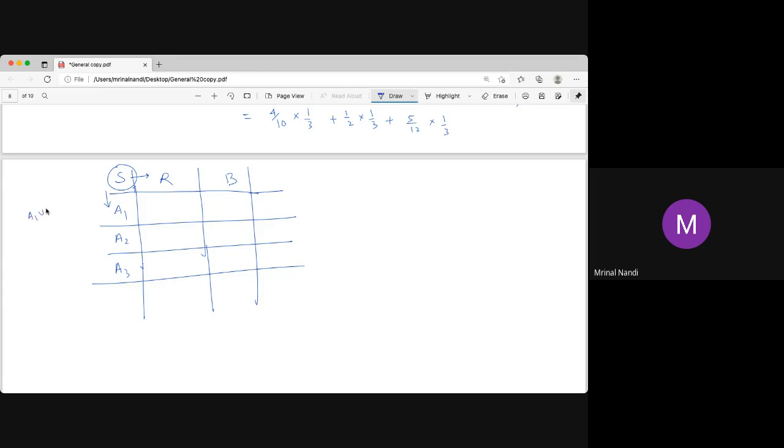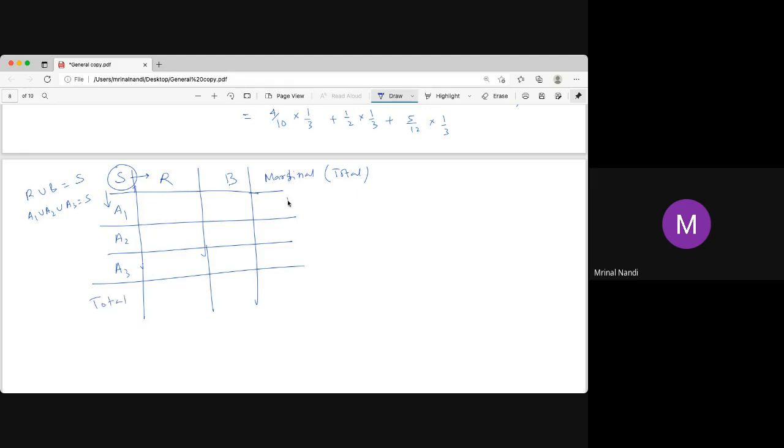So A1 union A2 union A3 is again S, and R union B is also S. R means the red ball occurs, and A1 means we choose the first box. This is sometimes called marginal, in probability language it is actually total.